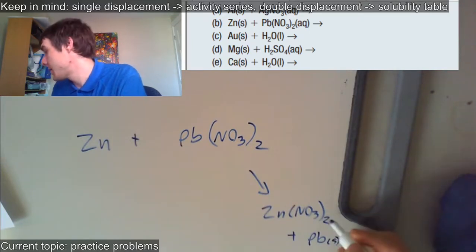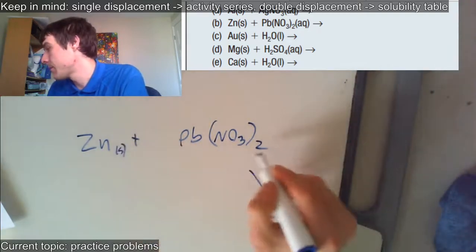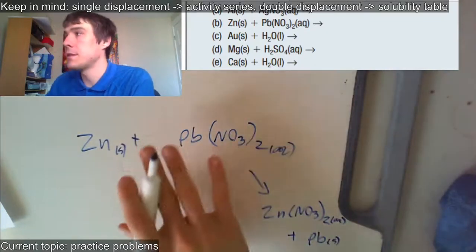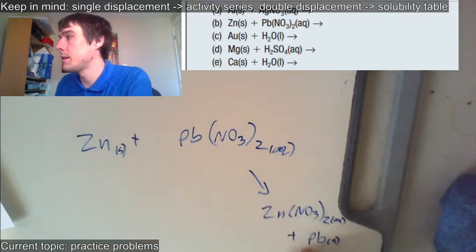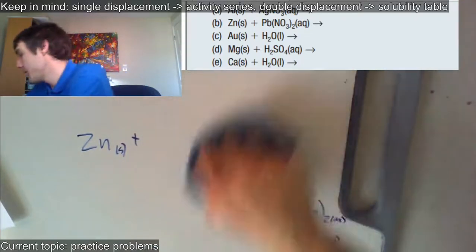So solid lead, and zinc nitrate, aqueous. And this is balanced already: 1 zinc, 1 zinc, 1 lead, 1 lead, 2 nitrates, 2 nitrates. We're good to go.